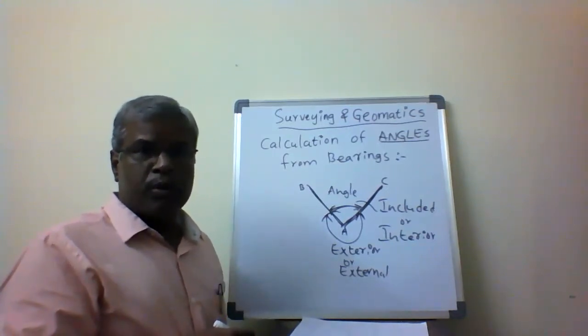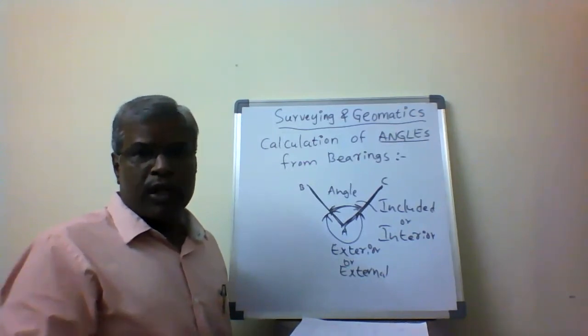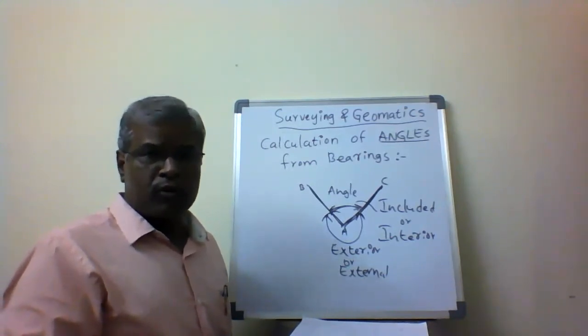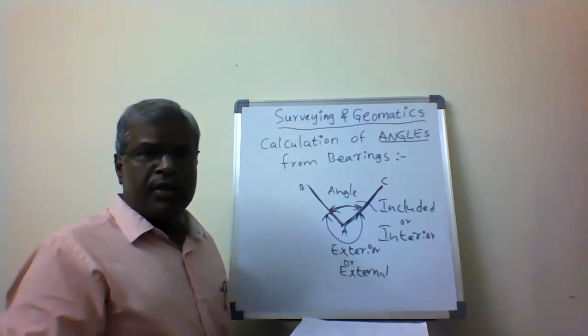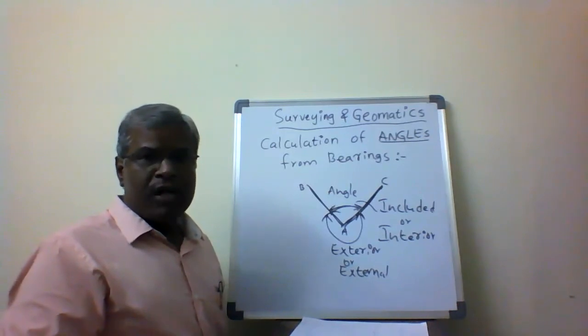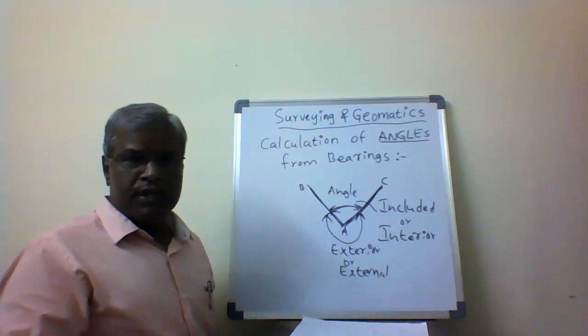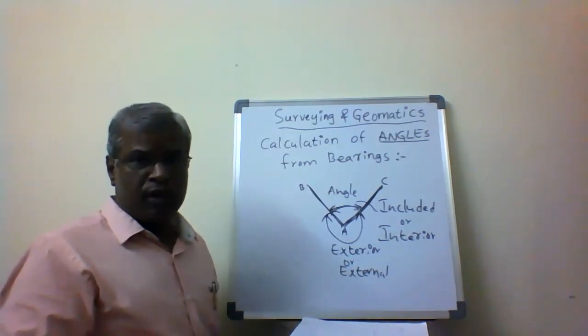Once we know the forward bearing and backward bearing of a line, we evaluate the included angle, either the interior angle or the exterior angle.